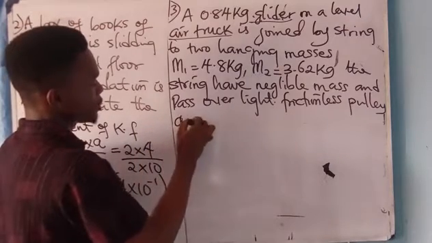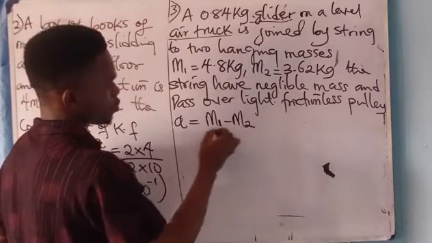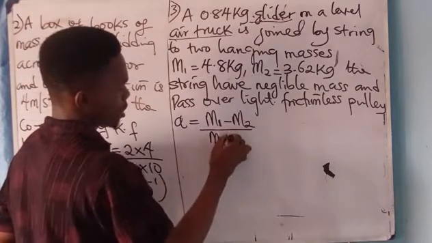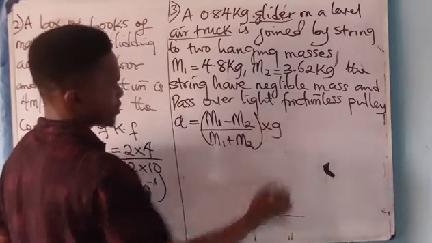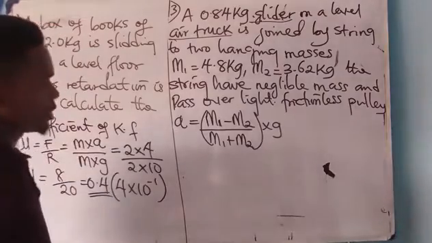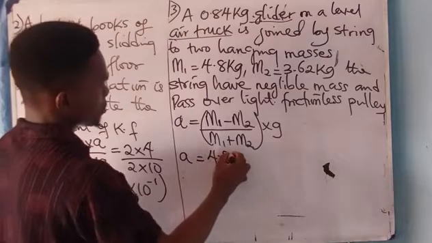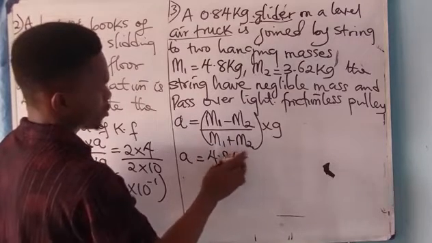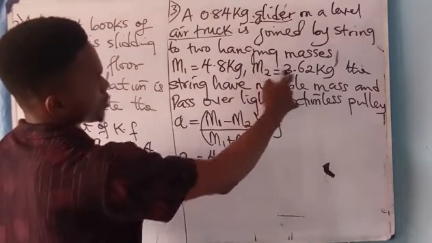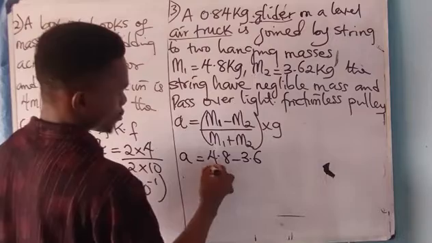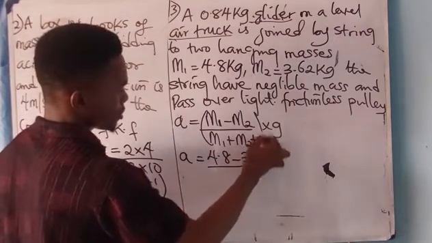Acceleration is M1 minus M2 over M1 plus M2, all times gravity. So M1 is 4.8 minus M2, 3.6, over, since three masses are given, plus M3.